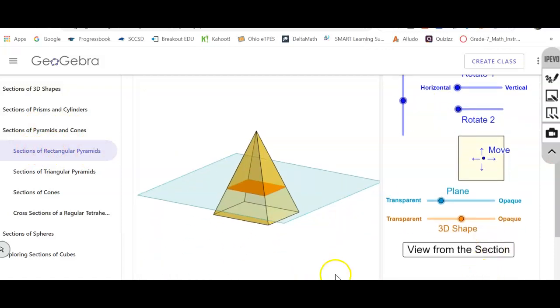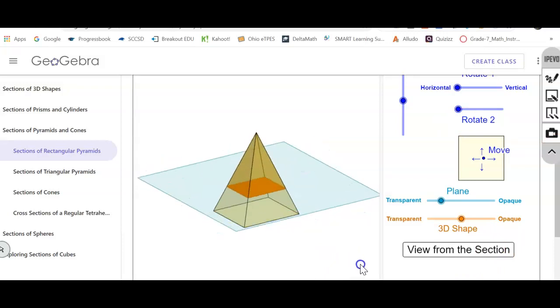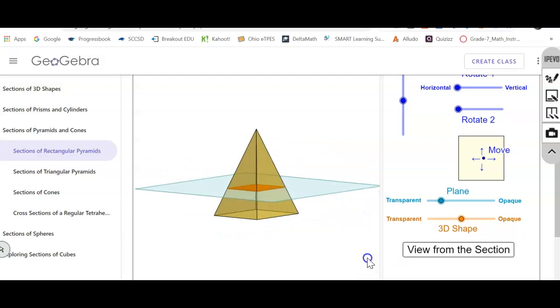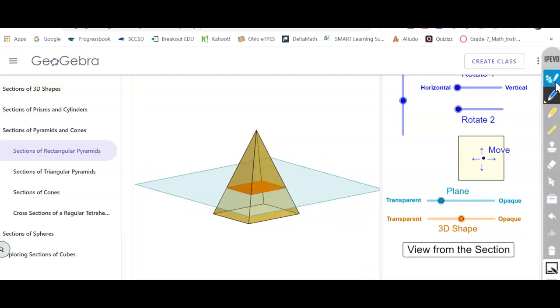All right, so now here's something like you have on your homework. It'll say the dimensions of this pyramid are 11, 6, and the height of the whole thing we'll say is 20.